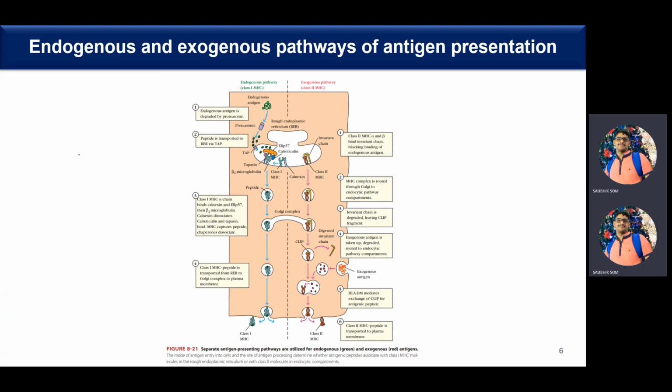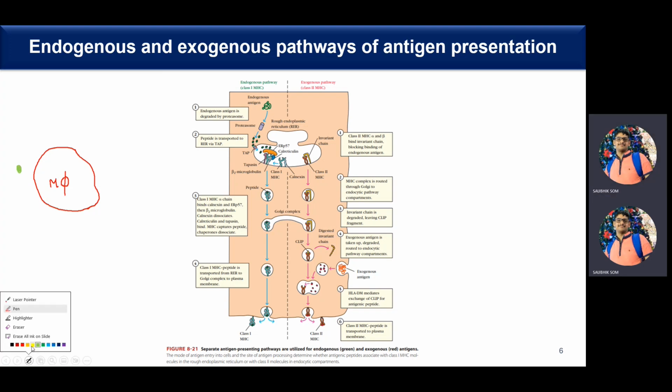So if I draw it, say this is my APC. Okay, this is one macrophage. If a pathogen enters from outside, say this is my bacteria, I'll make it a little bigger.